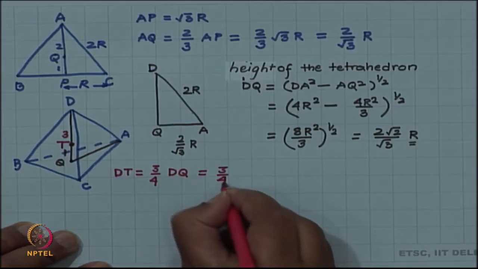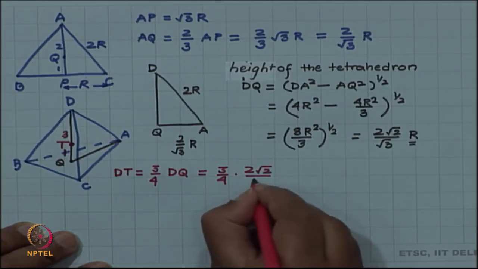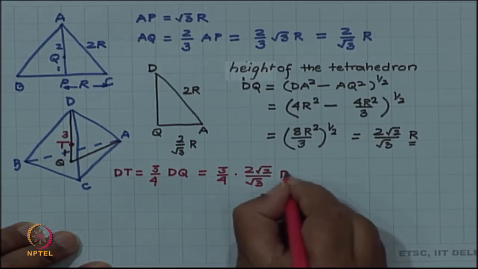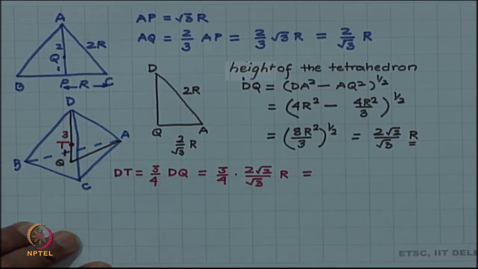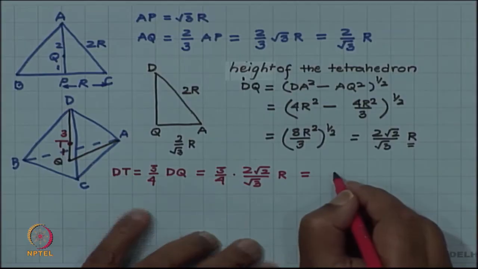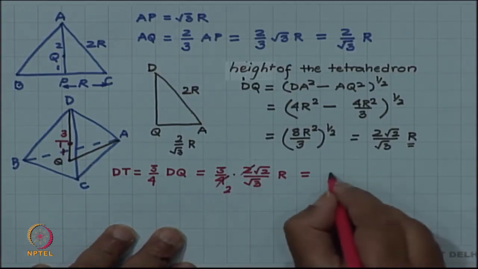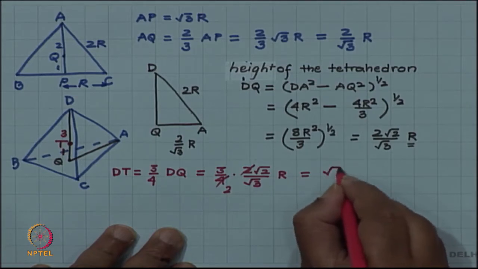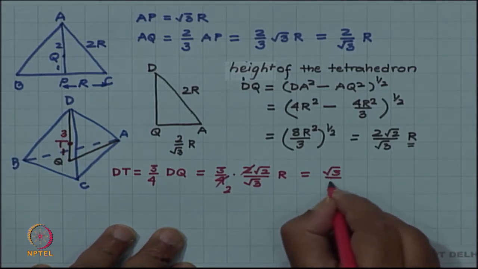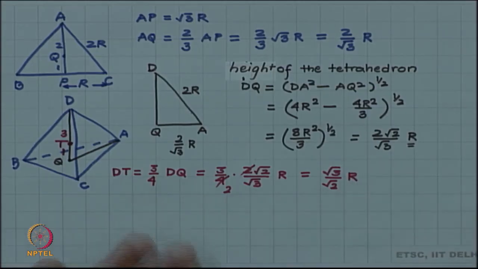So, 3/4 of 2 root 2 by root 3 R, which is nothing but, we cancel the 2 here, so we can write this as root 3 by root 2 R. So, DT is root 3 by root 2 R.